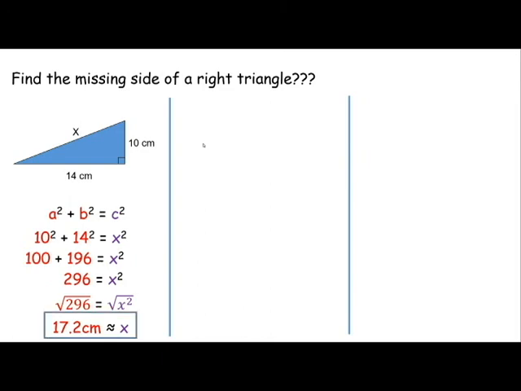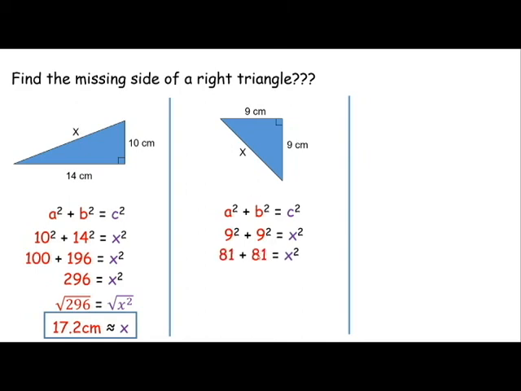Want to try that again? Here we go. This is a right triangle. I can tell by the right angle symbol, which means the side across from that angle is my hypotenuse. So when I take my Pythagorean theorem, I'm going to plug in 9 as one of the legs and 9 as the other leg. I'm going to simplify those to 81 plus 81, and I'm going to add those together to get 162.